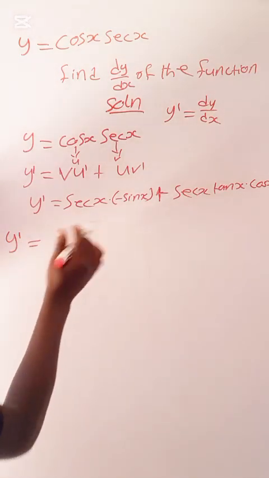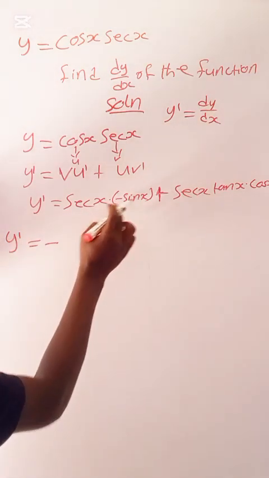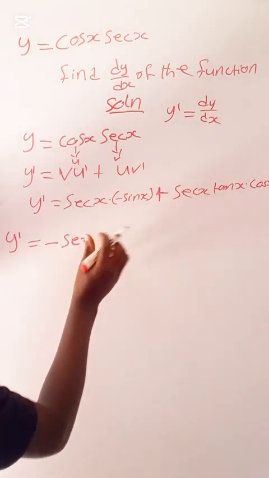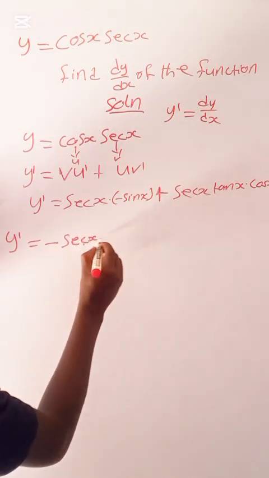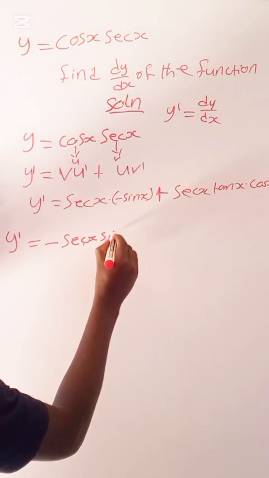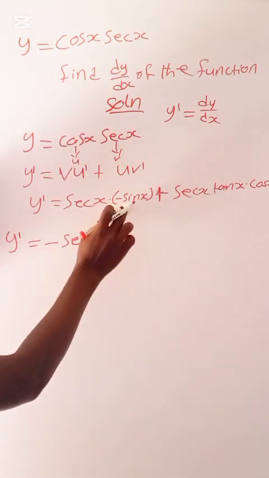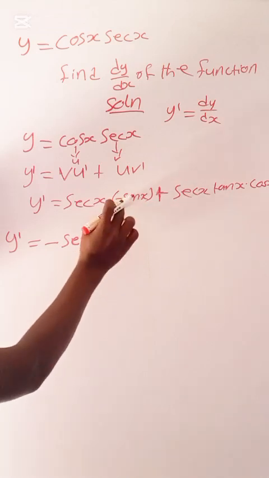So now I will bring it down to have y prime is equal to. I want to rewrite it to have minus sec x sine x, because when you differentiate cos, it will give you minus sine x. That's why you see this minus here.